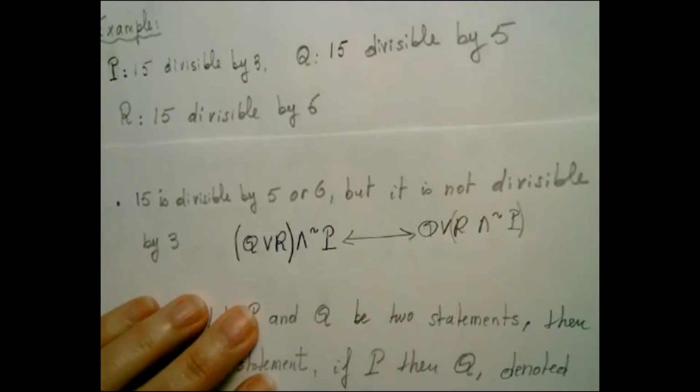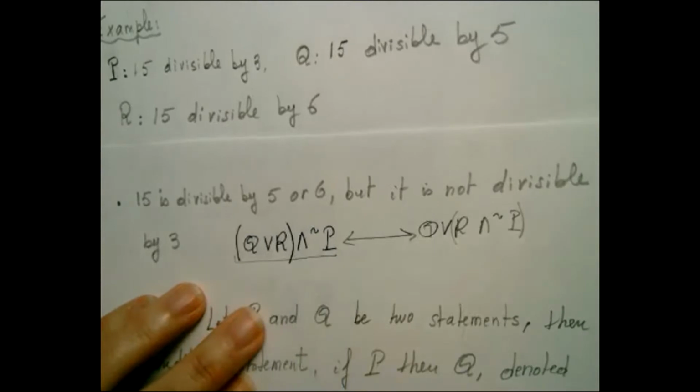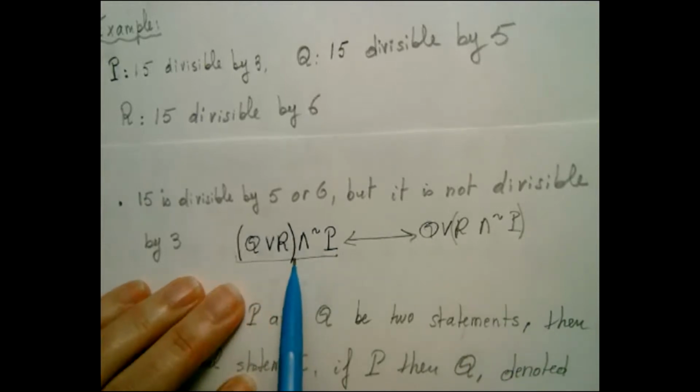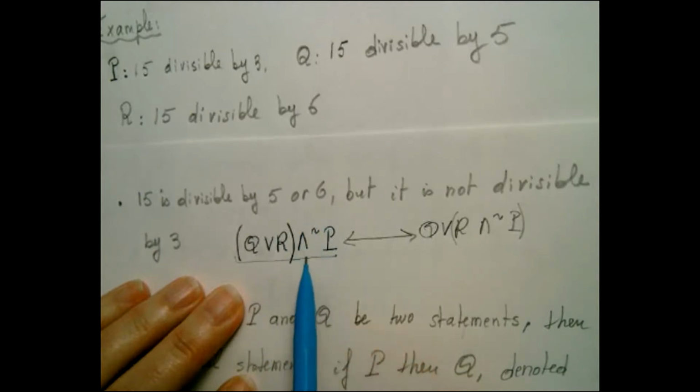Yes or not? What do you think? Are those the same? What do I mean by the same? When we're talking about statements, it means, do they have the same value? Is this statement true? 15 is divisible by 5 or 6, but it's not divisible by 3.